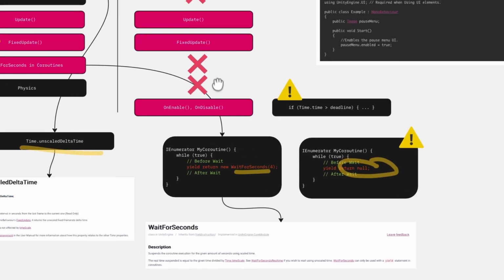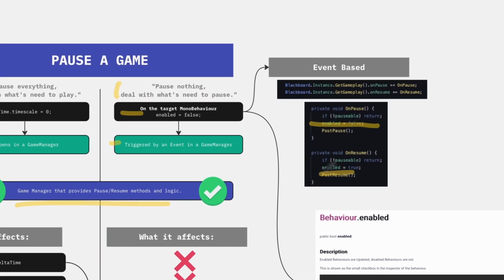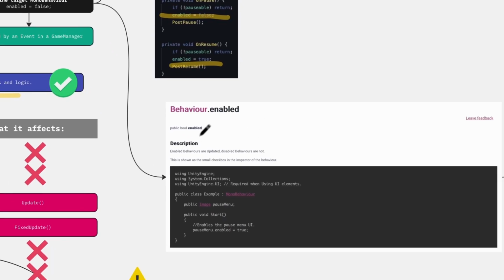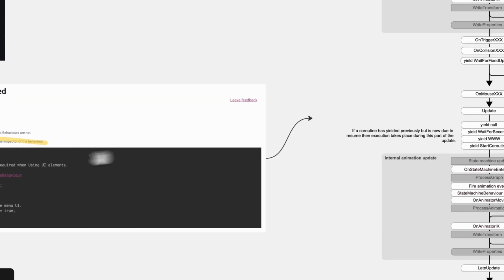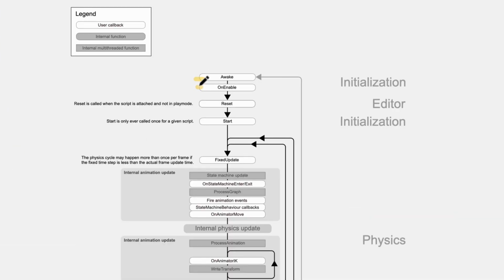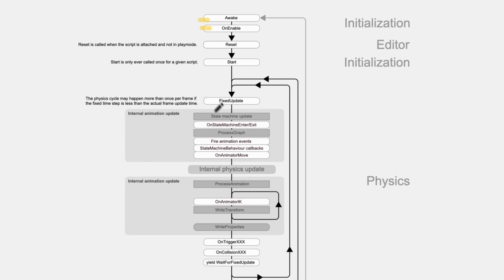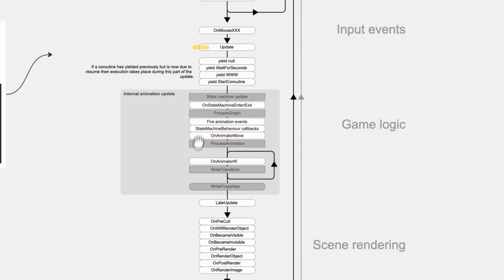Now onto the alternative. So we simply disable and enable mono behaviors to pause or resume. Enabled mono behaviors are updated. Disabled ones are not. Let's take a quick look at the order of execution of mono behaviors, which is this bad boy. At the top, awake, on enable, and we work our way down through all the methods, some of which you often override. At the end we have on disable and on destroy.